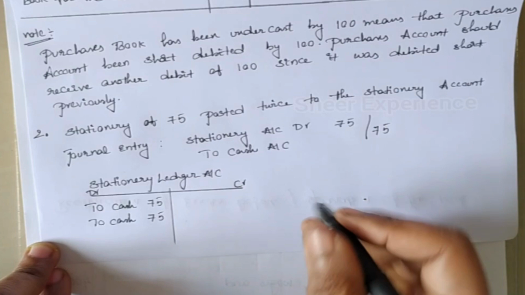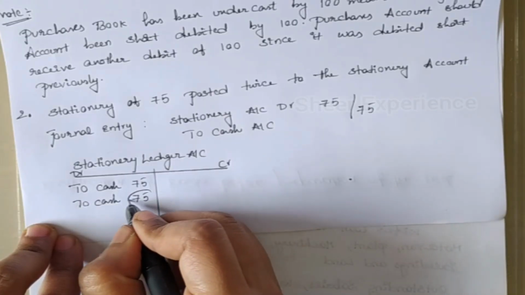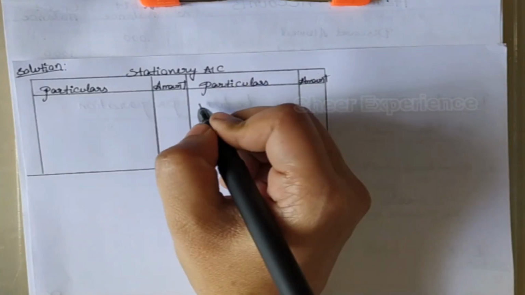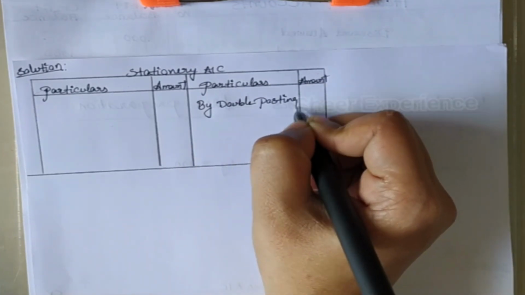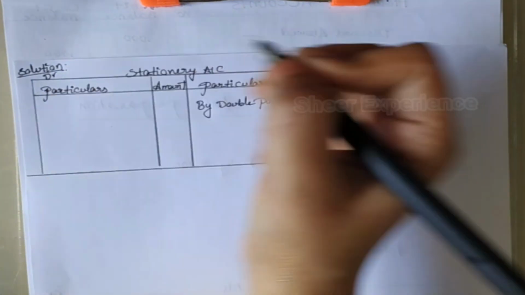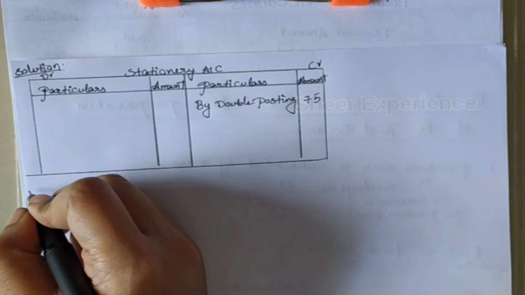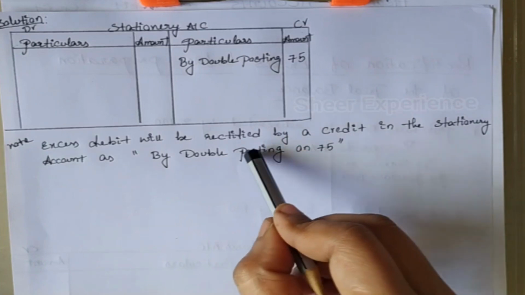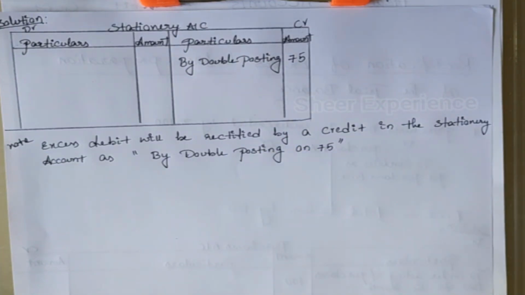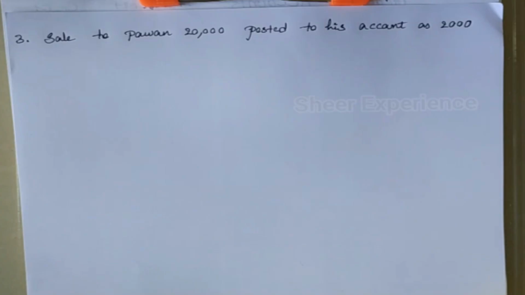To rectify extra 75 which is there on the debit side, we will mention 'By double posting' in the credit side and the amount is 75. This 75 on the credit side will nullify the extra 75 on the debit side. Here I have mentioned the note. So both account and the note should be written in the examination as solution.